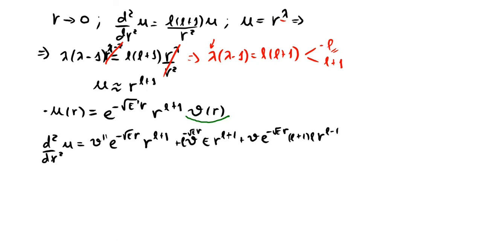Now I will have three terms like that, and also some mixed terms, like plus 2 times: I keep r, then I derive the exponential, and v. Now I make another term where I keep the exponential, then I derive the power and v.